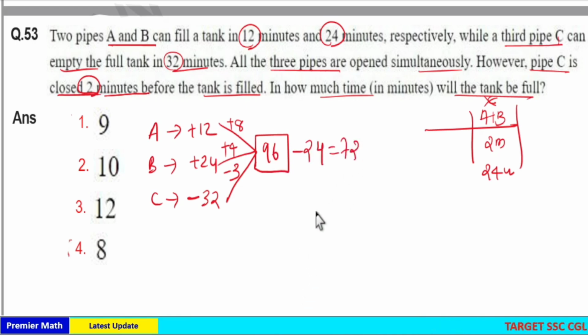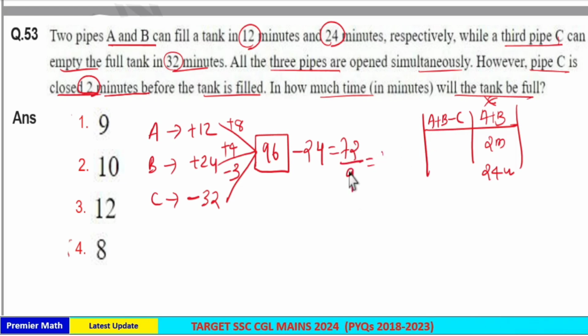So the 72 unit is filled while all these 3 are opened. That is, when all these 3 pipes opened, 72 unit is filled. So in 1 minute, 8 plus 4, 12, 12 minus 3, 9 unit is filled by A, B and C. So the 72 unit is filled by A, B and C in 72 by 9. 9 goes 8 times in 72, in 8 minutes.